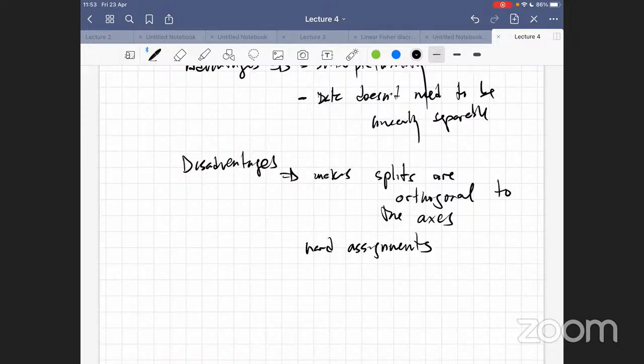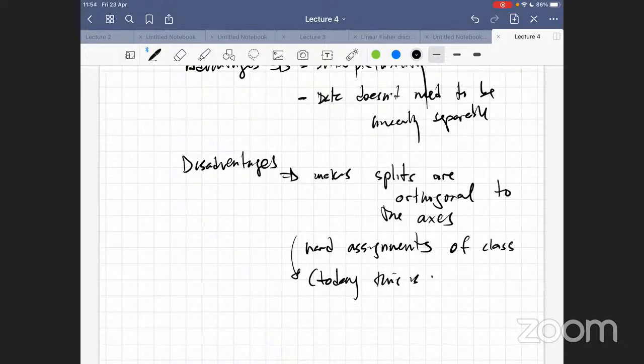because if you belong to one region, then you are already assigned to this region, to this part, right? Hard assignments of the class. However, today there is research on decision trees.